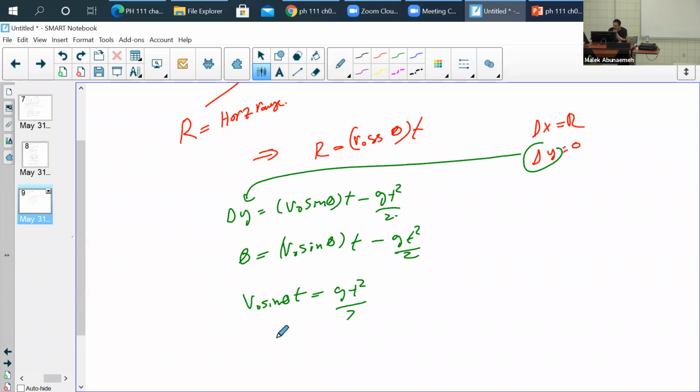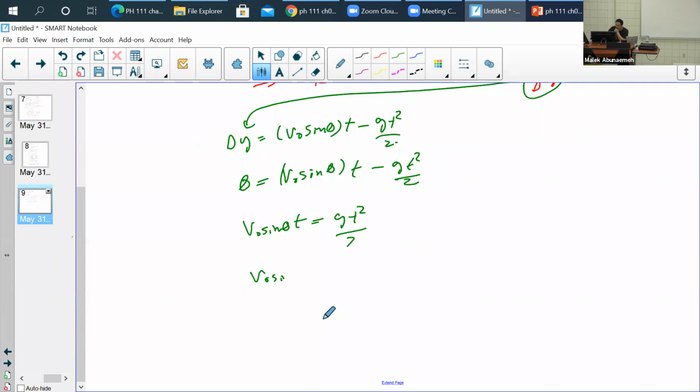We move that to the other side and divide both sides by t. So what do you get? V naught sine theta equals g t over 2.